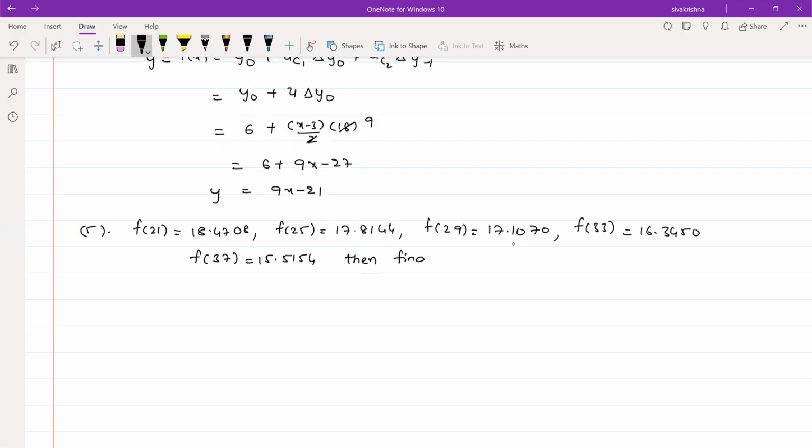Then find f of 30. You have to find f of 30 by using the Gauss forward formula, and that answer should be approximately 16.81195. I am telling the answer is approximately equal to 16.81195. So we have to do this particular problem as homework.